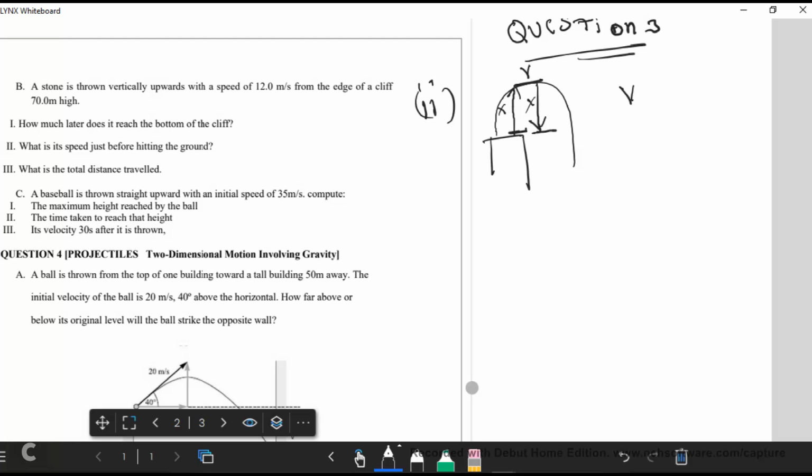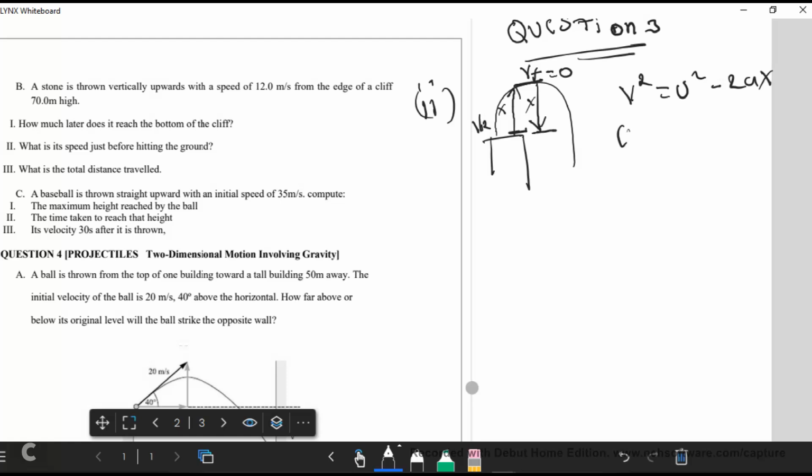At the final height, the final velocity is equal to 0. Remember what it was thrown with? It was thrown with 12, right? So you square that, then 2ax.